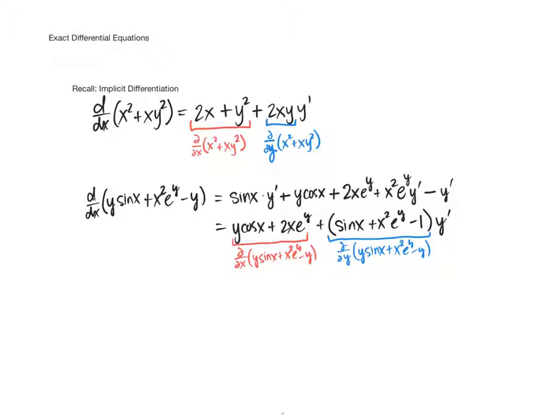So here is a generalization of the pattern that we're seeing here. Now again, I'm not going to present it with a proof, but I'll just give you this generalization that the derivative with respect to x of some function, I'll just call it psi of x, y, is going to be equal to the partial derivative of psi with respect to x plus the partial derivative of psi with respect to y times y prime.